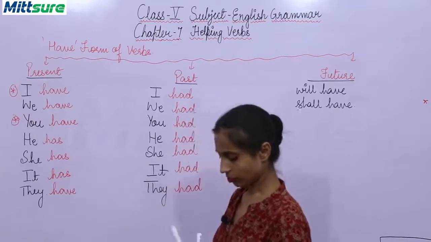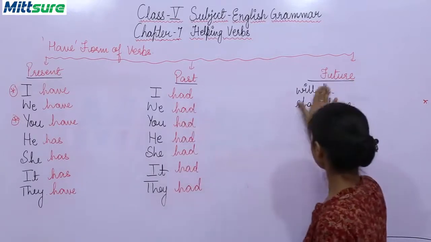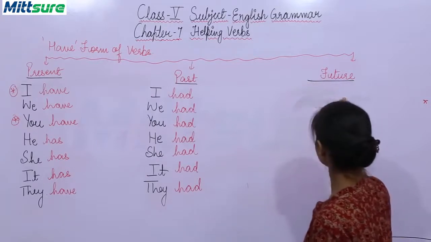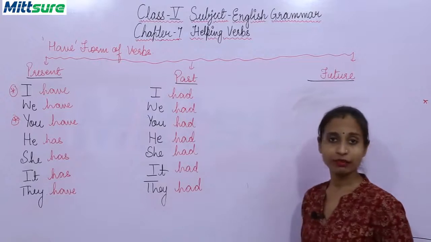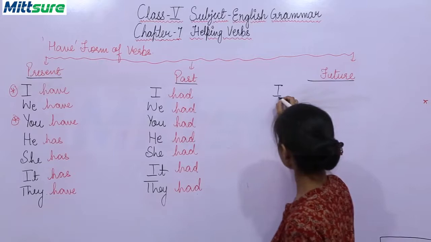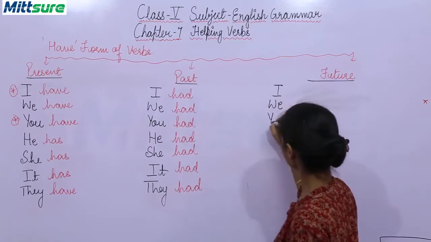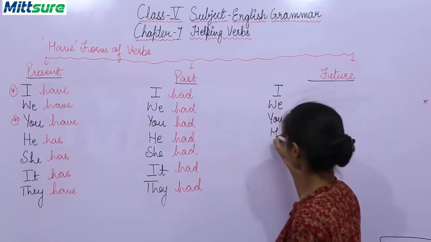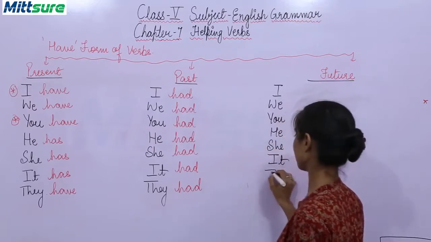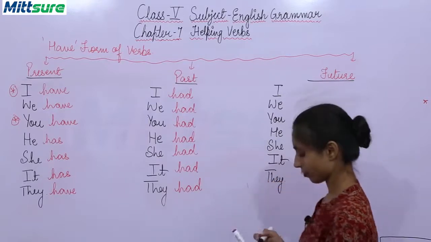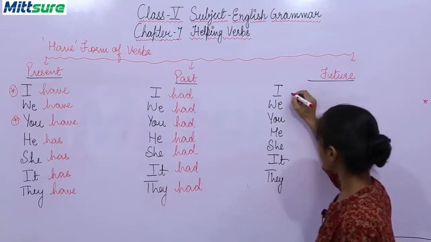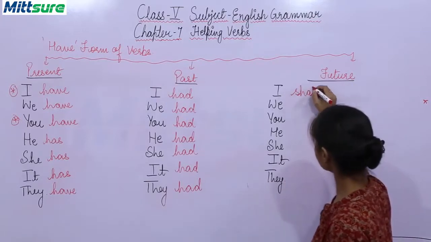Clear? Now talking about the future tense. When we talk about the future tense, let us write the subjects first. I, we, you, he, she, it, and they. So with I, we are going to use shall have.